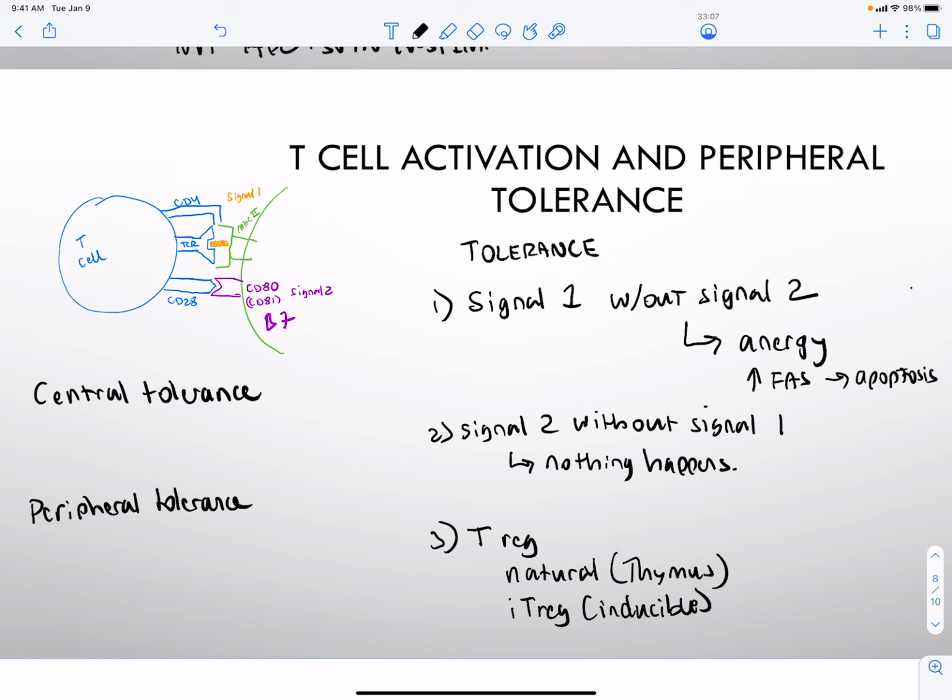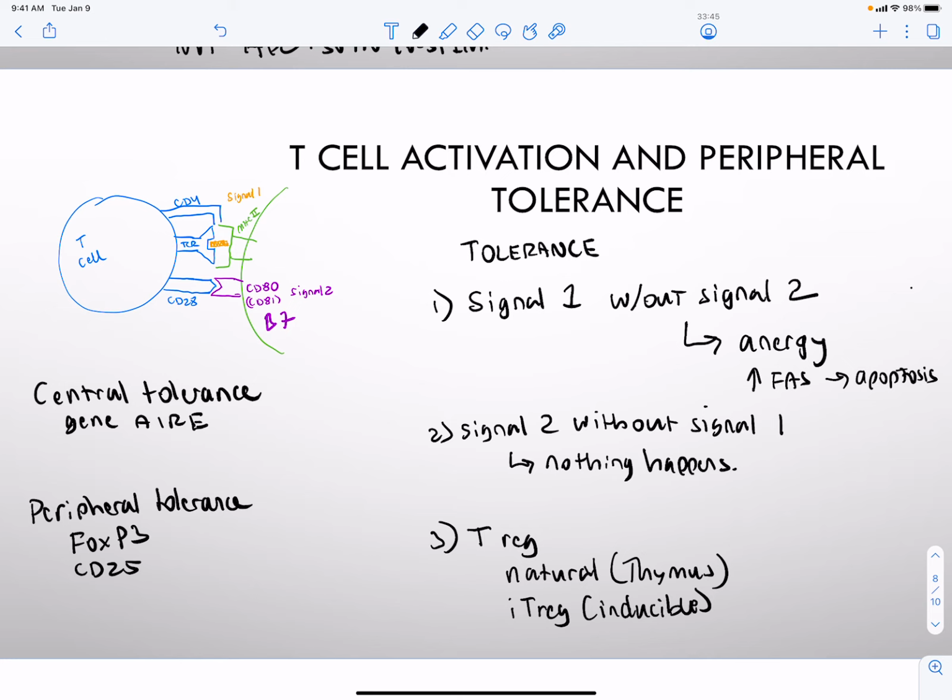Now, central tolerance is going to be dependent on a gene called AIRE, the autoimmune gene that is able to turn on and make that snapshot of your body inside of your thymus. In your peripheral tolerance, you're going to rely on T regulatory cells, and T regulatory cells express FOXP3 and CD25.